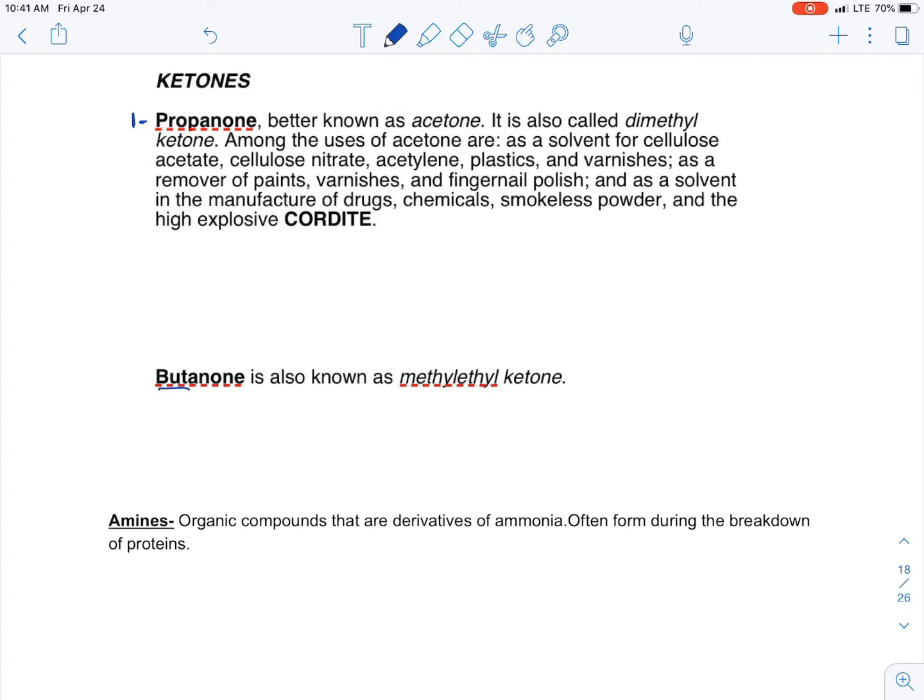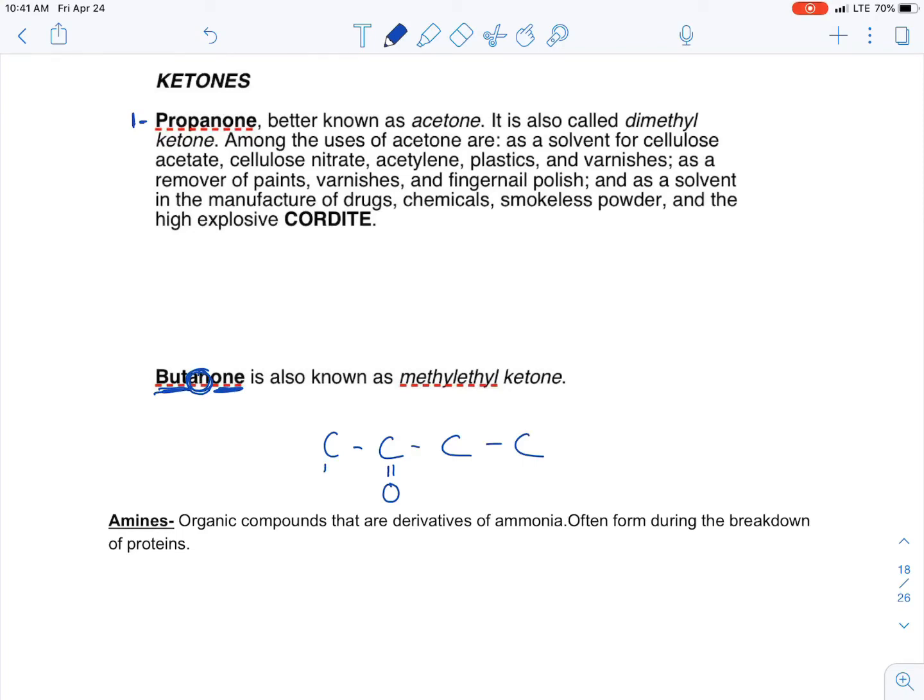So this has bute, so 4 carbons, 1, 2, 3, 4, right? And it's AN, so single bond, and then that ONE means there's a double bond on one of those middle carbons. It doesn't matter which middle carbon we pick, because whatever one we pick, that turns this side into number 1, right?